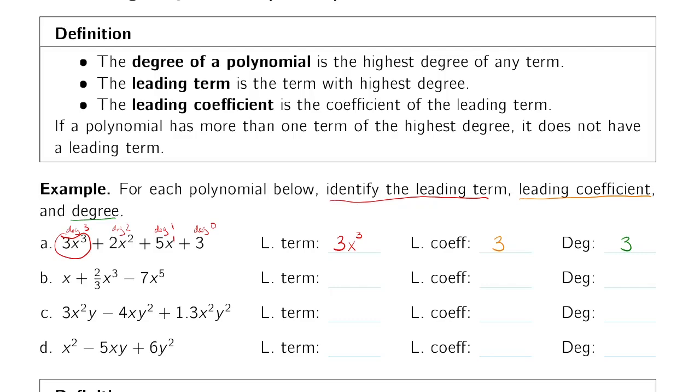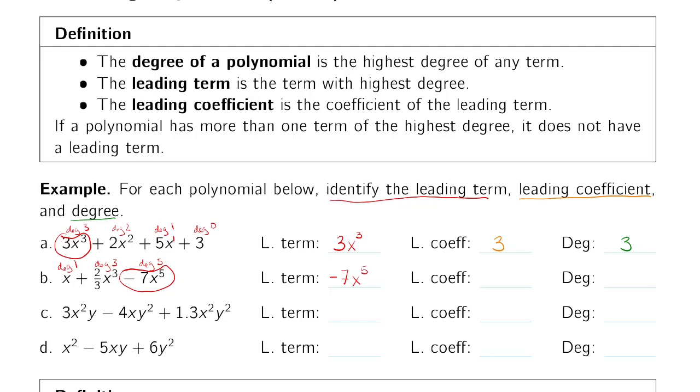Okay, next polynomial. Our first term, we've got just x, that's degree 1. 2/3 x to the third, that's degree 3. Negative 7x to the fifth, that's degree 5. And since this has the highest power of x, our leading term is negative 7x to the fifth.